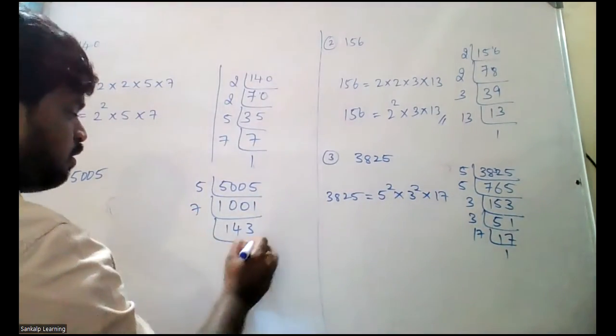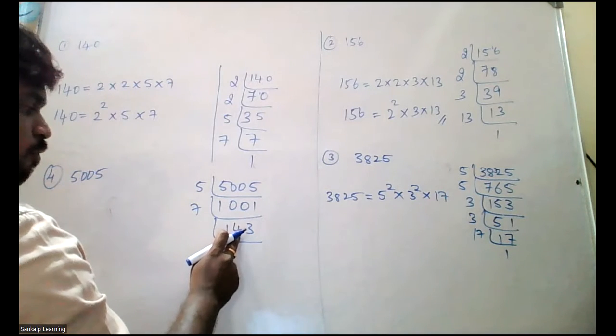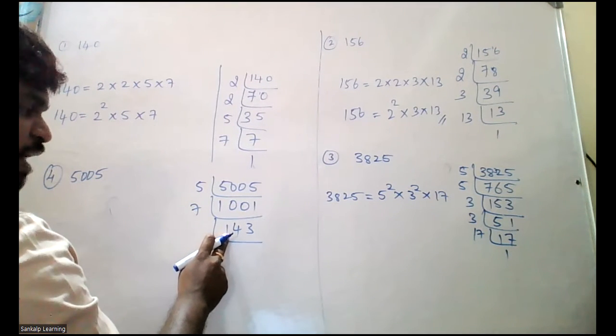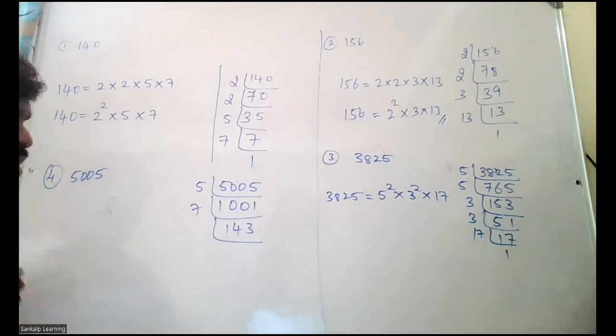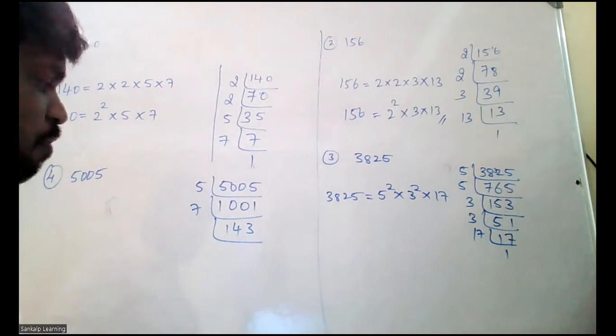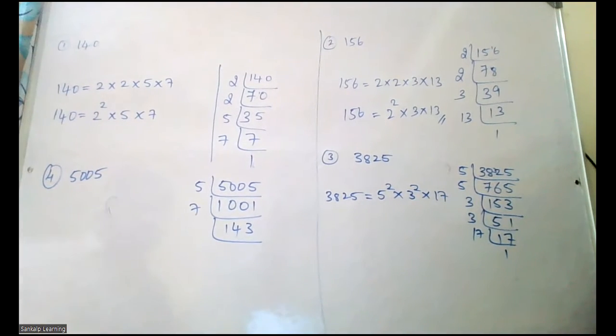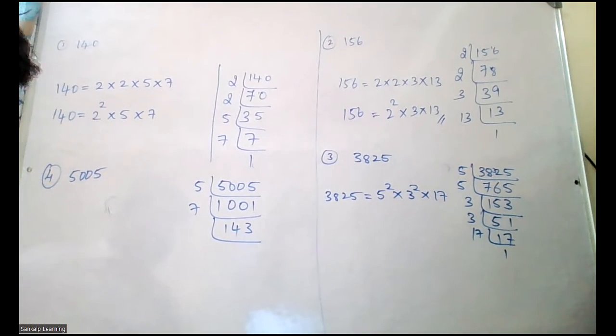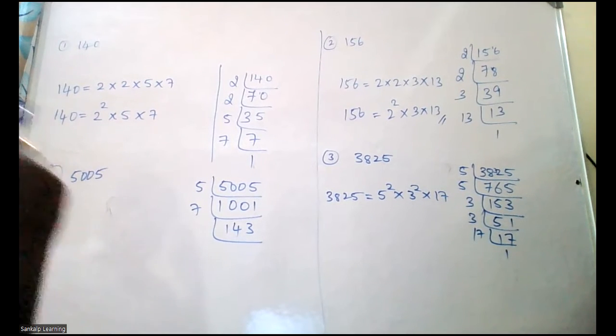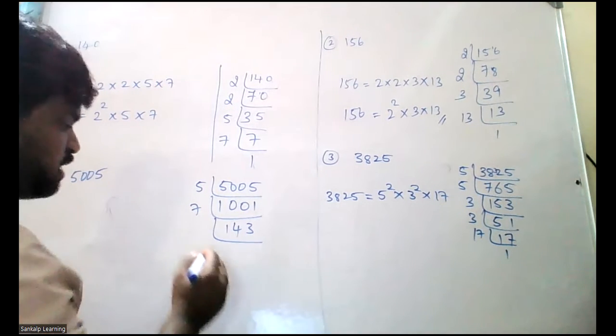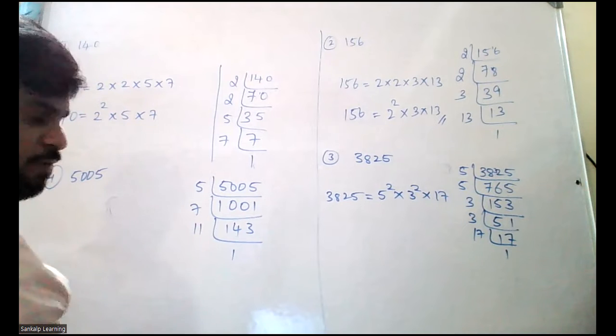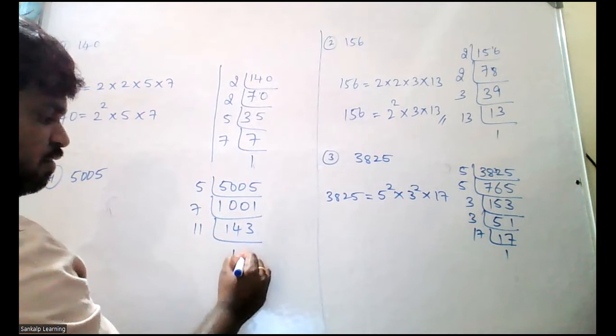Now 4 plus 1 is 5, 5 plus 3 is 8. Not divisible by 3, not by 2, not by 5. By 7 also not possible. By 11, I guess it is possible, right? After 7 it is 11. 11 ones are 11, 3 carry, 11 threes are 33.